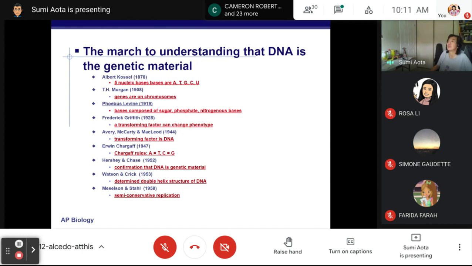Griffith said that some transforming factor can change phenotype. Avery, McCarty, and MacLeod said the transforming factor is DNA. Chargaff came up with his pairing rules. Hershey and Chase confirmed DNA is the genetic material. Watson and Crick figured out the structure of DNA, and Meselson and Stahl figured out how replication itself worked.